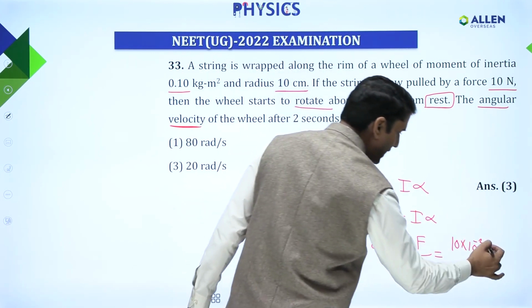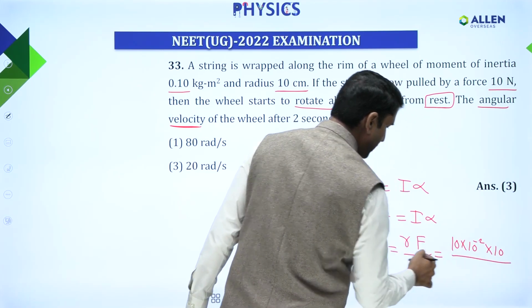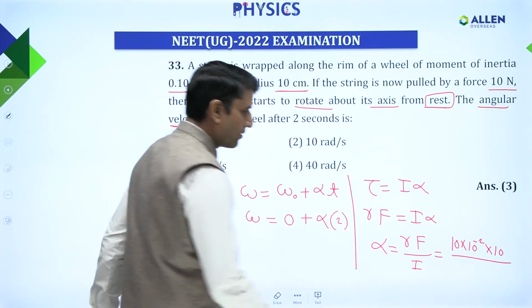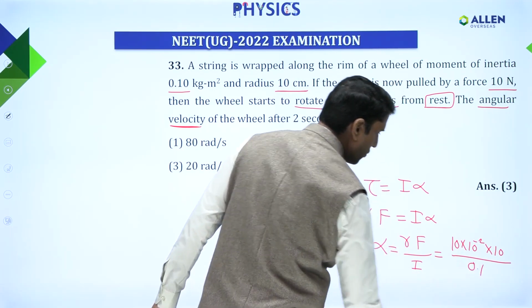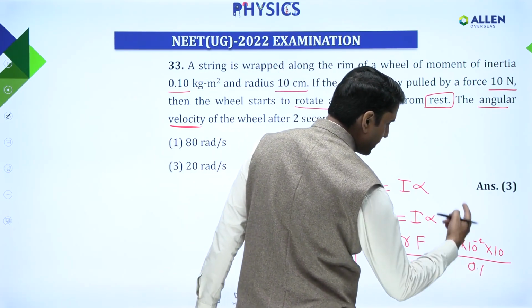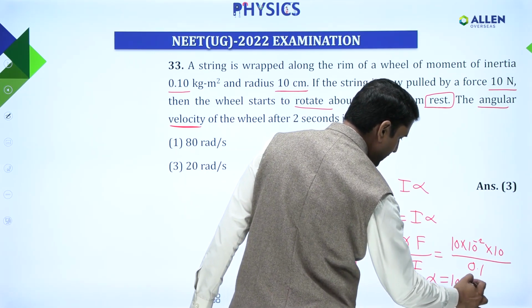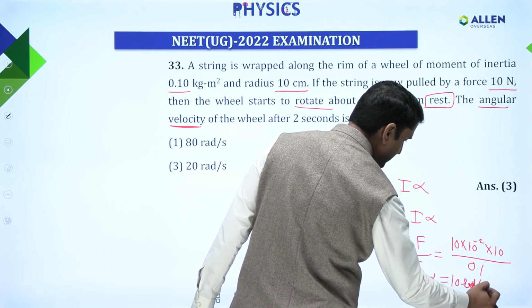Force is 10 Newton. Value of I, moment of inertia, is 0.1. Solving it, we would get alpha is equal to 10 radian per second square.